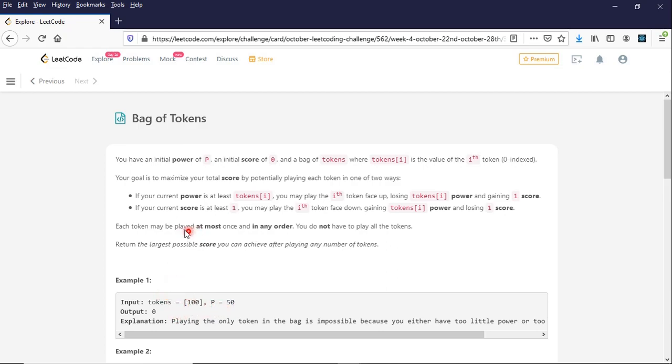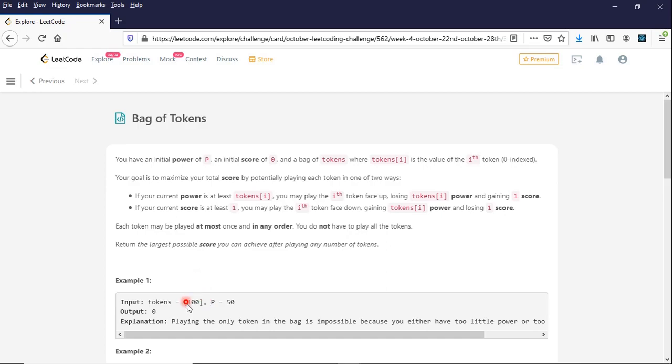If you trade it, then the score will increase. In the other way, you can also get power from tokens[i], and if you buy that power, you have to give one score, so your score will reduce by 1. By doing that we have to select the appropriate power and see how we can maximize the score.